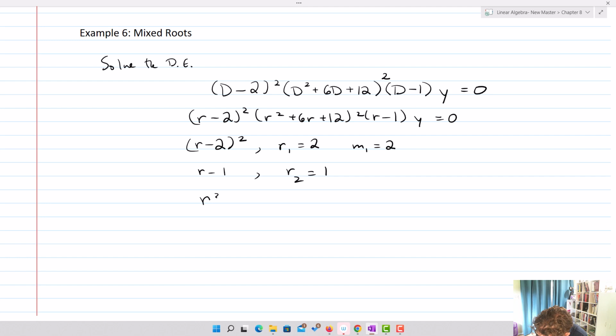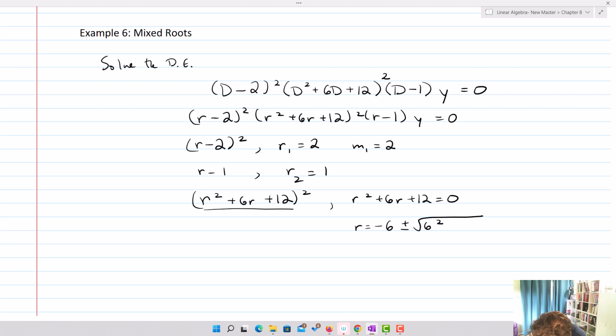And then we're going to have r squared plus 6r plus 12, and that's going to actually be squared. So let's first find the root. r squared plus 6r plus 12 equal to 0, so r equals negative 6 plus or minus the square root of 6 squared minus 4 times 12, divided by 2 times 1.